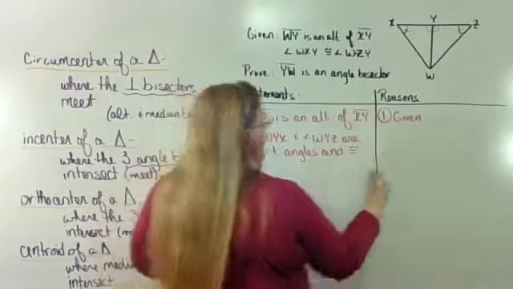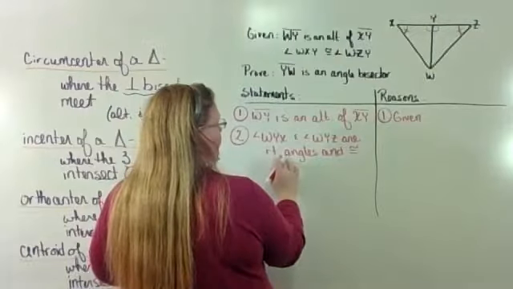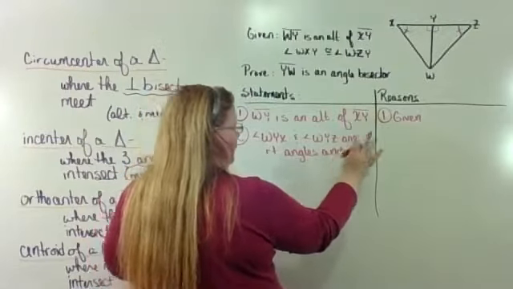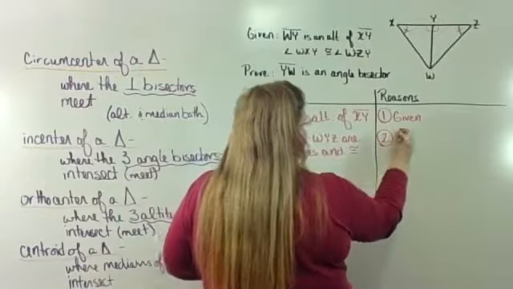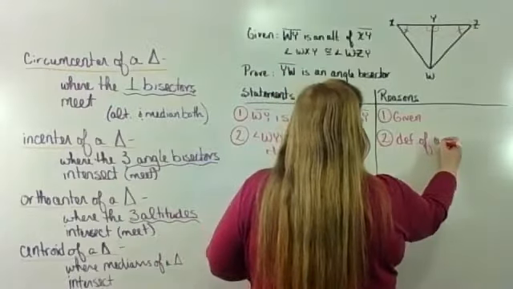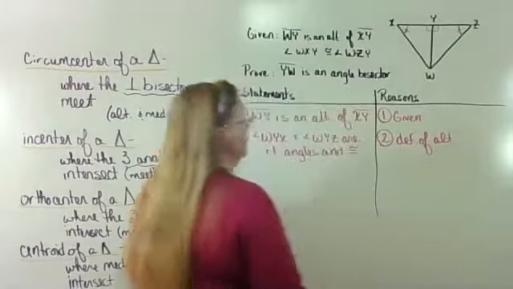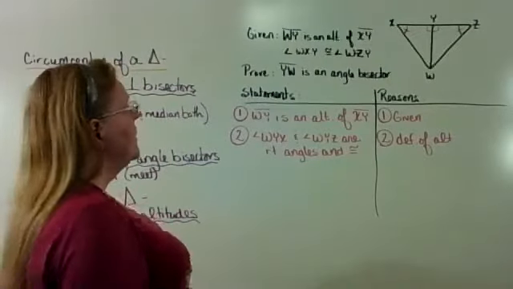I went ahead and put two things in there, that they were right angles, and because they're right angles, that makes them congruent. But my reasoning is going to be definition of altitude, because that's what happens when you have an altitude.